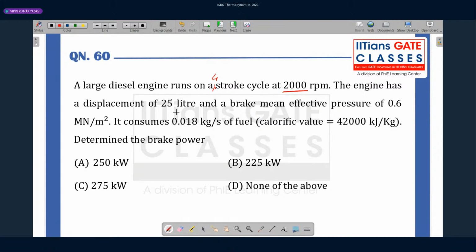The engine has a displacement of 25 liters and a brake mean effective pressure of this. It consumes 0.018 kg per second of fuel with a calorific value of this. Determine the brake power. I hope you all remember the formula for brake power.